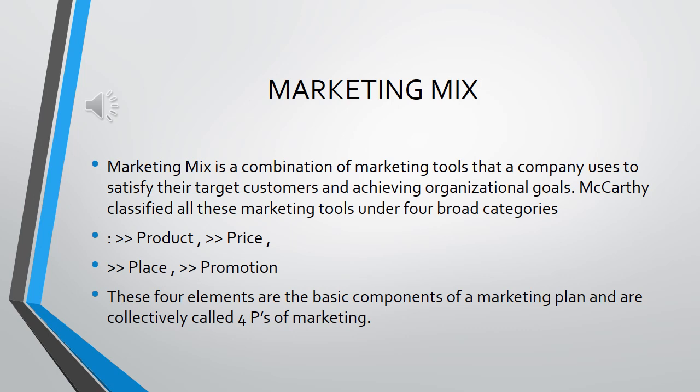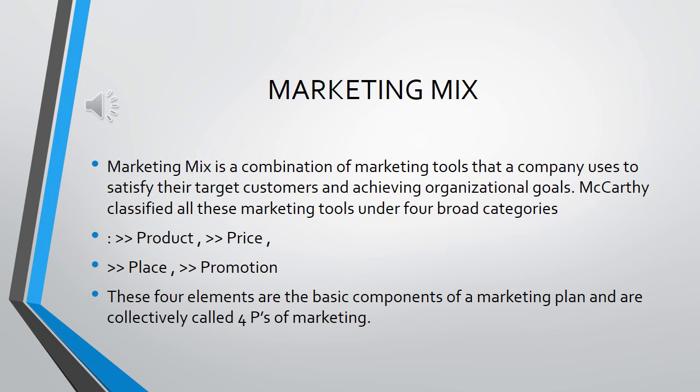In this slide, you can see that the marketing mix shows the tools that a company uses to satisfy the customer. The important tools classified in this slide are the 4 P's, which are very famous in marketing: product, price, place, and promotion.